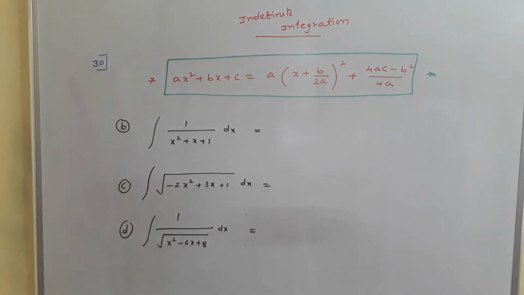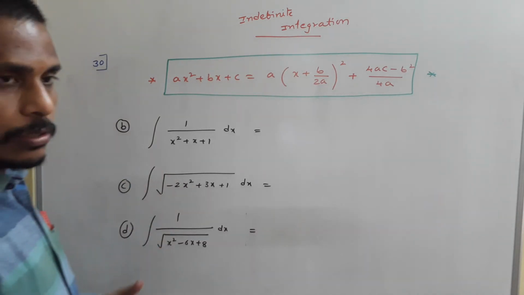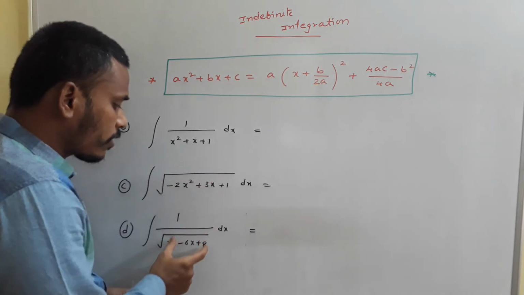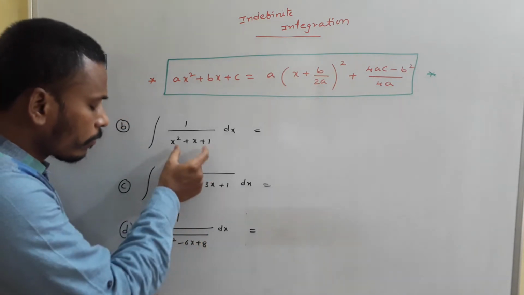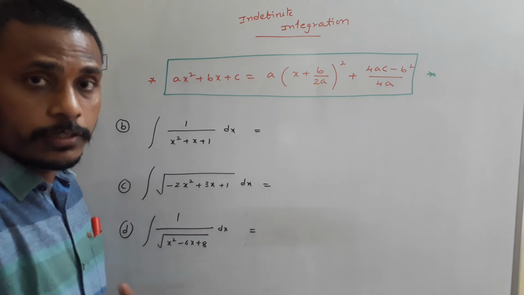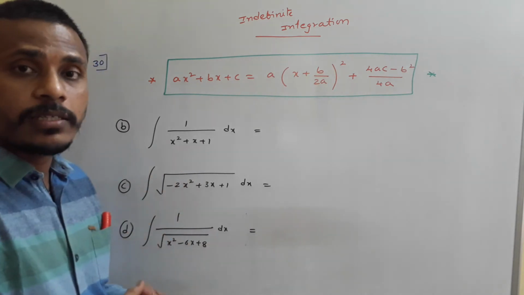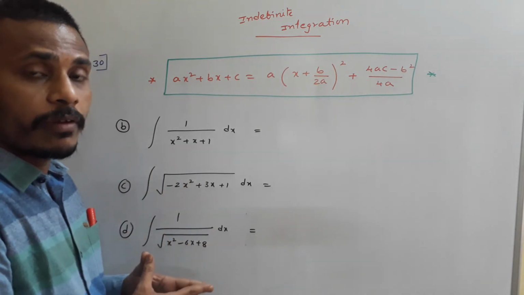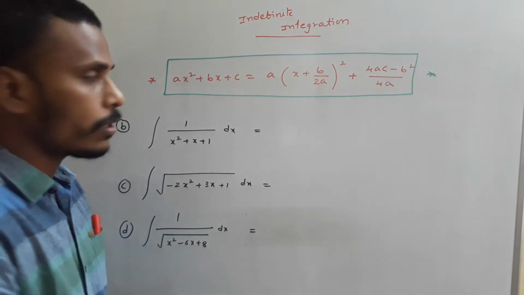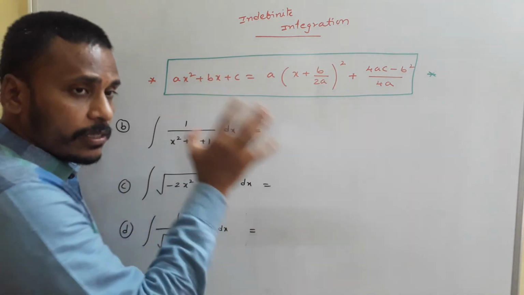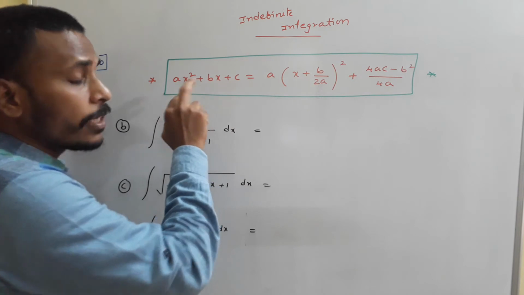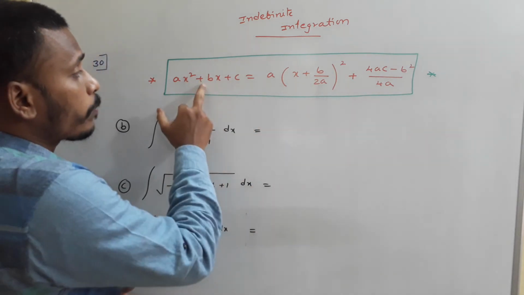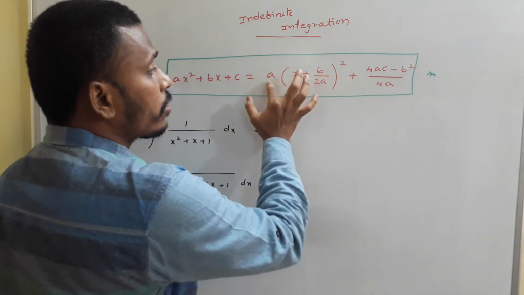Okay. Now, how to answer these questions? Since quadratic polynomials are involved in these functions, as we discussed, a quadratic expression can be written as a perfect square plus some constant. So ax square plus bx plus c, we need to express it as a perfect square plus some constant.